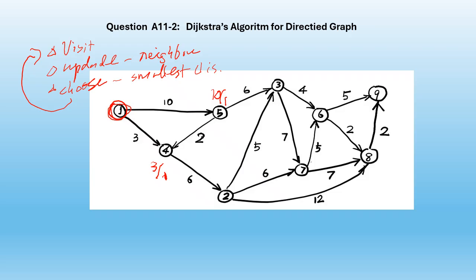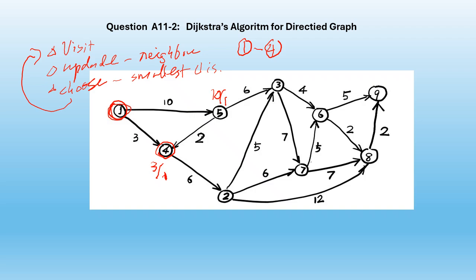Now I'm drawing here the sequence of visit. Visit 1. Now which one is smaller, 10 and 3? Obviously 3, so visit 4. Then update the neighbors. This one is a directed graph, so it cannot go to 5, and then it goes through 6.